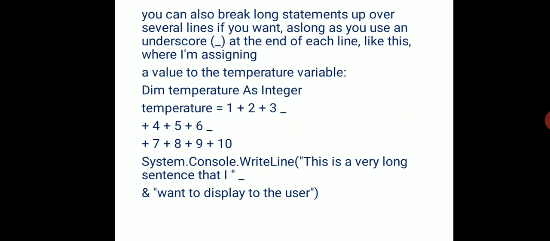So here declaring the temperature using dim for dimension, dim temperature as integer, temperature equal to 1 plus 2 plus 3 plus 4 plus 5 plus 6, but you are dividing this long statement. Okay, that is 1 plus 2 plus 3, then underscore, and in the next line plus 4 plus 5 plus 6 underscore, in the next line plus 7 plus 8 plus 9 plus 10.